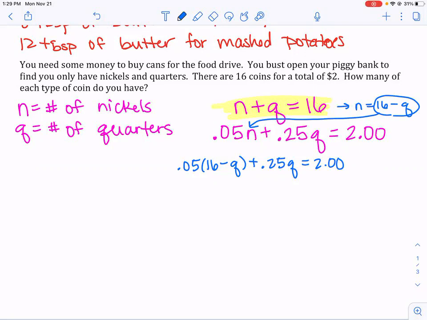Ooh, what is 0.05 times 16? 80 cents? Minus 0.05 Q plus 0.25 Q equals $2.